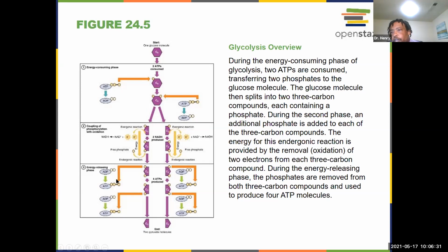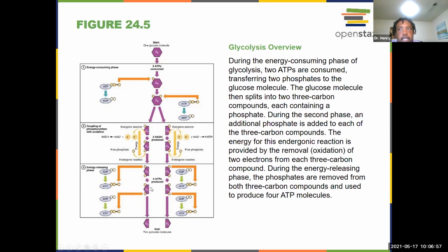The first phosphate is going to be added onto ADP to make ATP. Then the same thing happens here with the second one. So you lose both of your phosphates, although this one should have already lost it in that first event. This is the second. So you get a total production of 4 ATP.